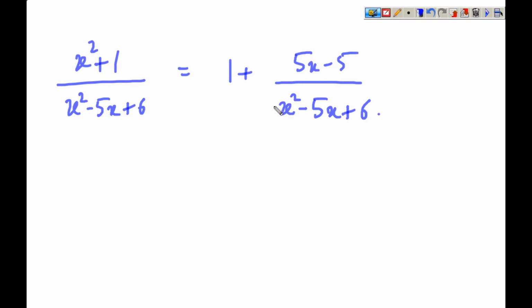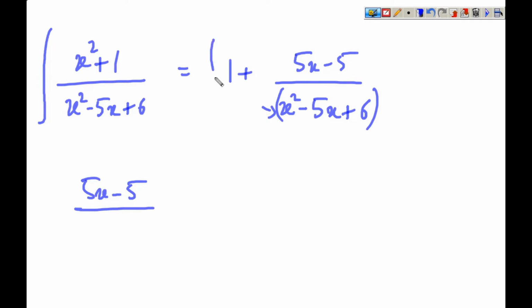Now looking at the denominator part, we can simplify it further. So here, we have to find the integral of this one. It will be equal to the integral of 1 plus the integral of this function. Both are with respect to x.